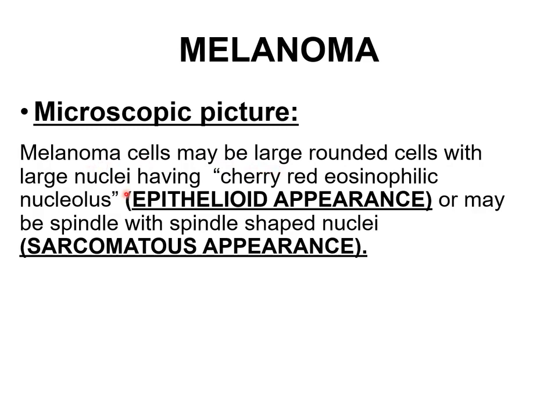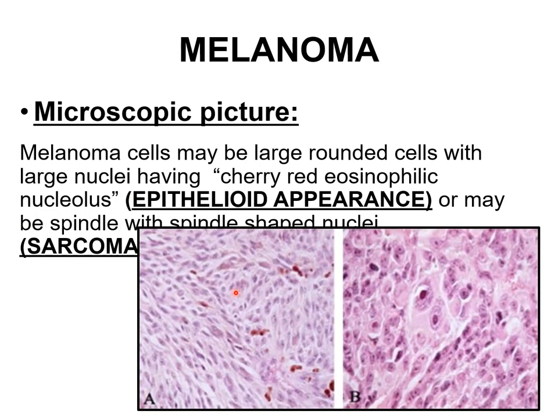The malignant melanoma cells are large rounded cells with large nuclei and large eosinophilic cherry red nucleoli. The nucleoli of melanoma are very characteristic. Here is the cherry red eosinophilic nucleolus of the melanoma cells.